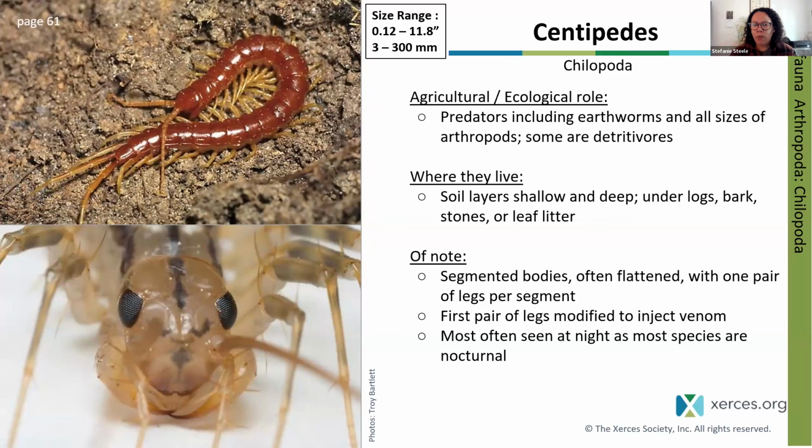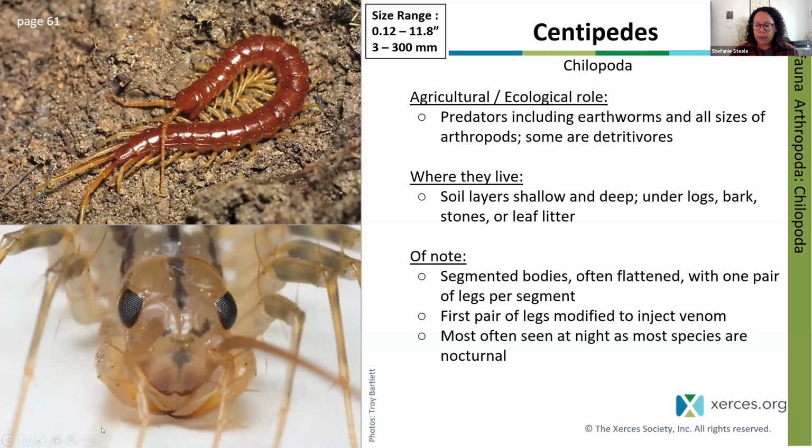And they only have one pair of legs per segment. So again, here are those segments, and we see one leg coming off each side. So one pair of legs per segment. That's a good way to tell them apart from millipedes.